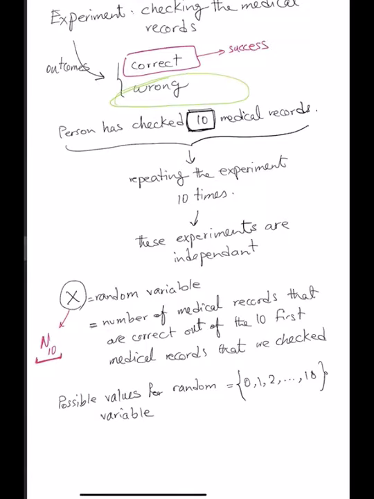It's not that success is always the good result. You define your random variable, and with that definition, what is defined as success. Here I'm looking at medical records that are correct. I want to know how many medical records are correct, so a correct medical record is considered a success here.